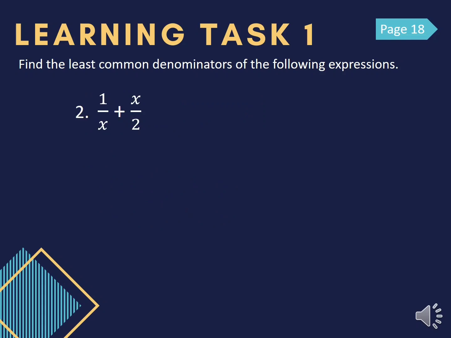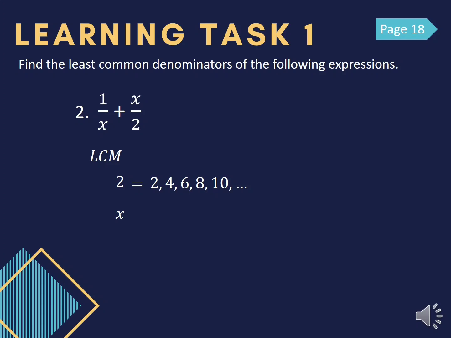In our given number 2, we have 1 over x plus x over 2. So again, we need to find their least common multiples in order to find the LCD. So the denominators are 2 and x. One is a number and one is a variable. Let us find their common multiples. Multiples of 2 are 2, 4, 6, 8, 10, and so on and so forth.